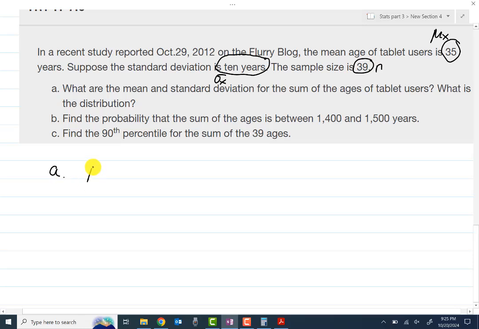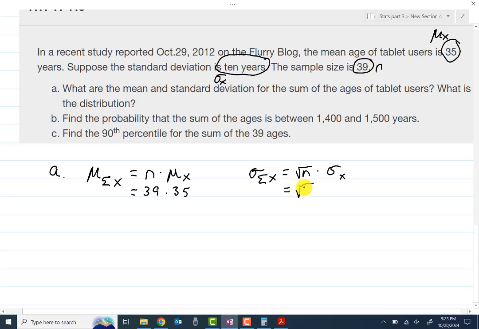Okay, so we'll start with this. The mean of the sums is going to be n times mu sub x, which is 39 times 35. The standard deviation of this is going to be the square root of n times sigma sub x.